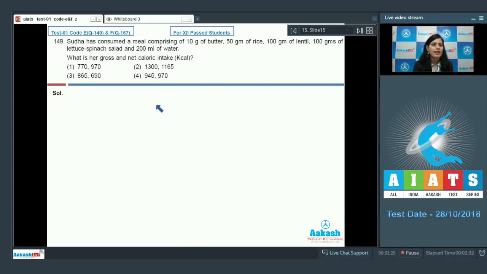Question number 149. Sudha has consumed a meal comprising of 10 gram of butter, 50 gram of rice, 100 gram of lentil, 100 grams of lettuce, spinach salad, and 200 ml of water. What is her gross and net caloric intake in kilocalories? So you have to calculate her gross and net caloric intake.